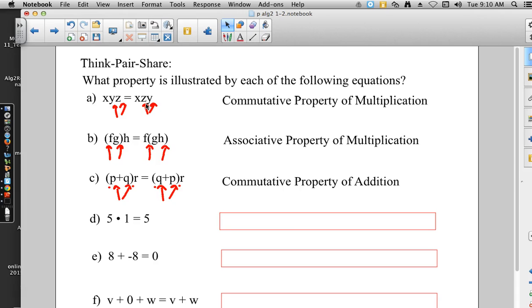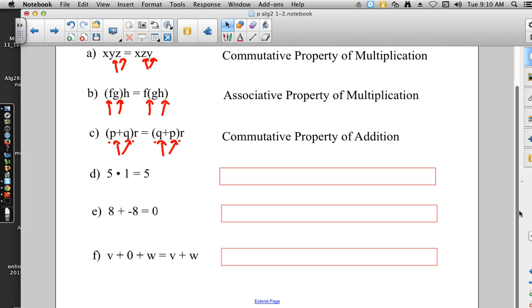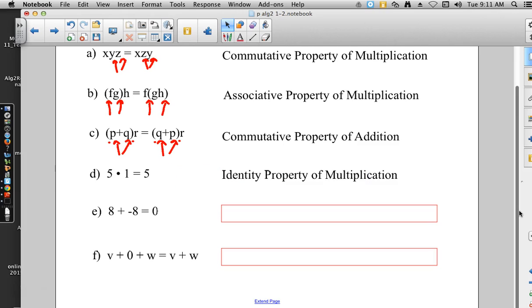For D, we have 5 times 1 equals 5. So you took 5, you multiplied it by a number that did not change who it was. That's its identity. So 1 is that identity property of multiplication, or you could say multiplicative identity, either way.